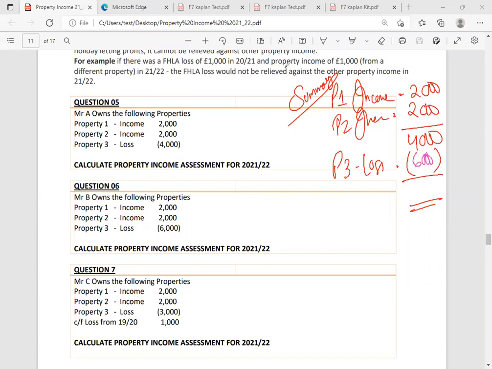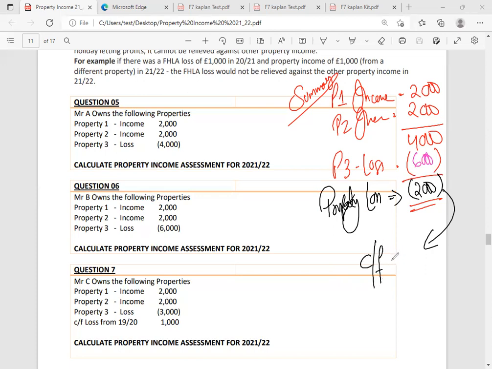So overall, I will get a property loss. What should we do with the loss? Does it go to non-savings? No. If you have an excessive loss, meaning excess loss over income, the rule is that this loss will be carried forward to the next tax year.